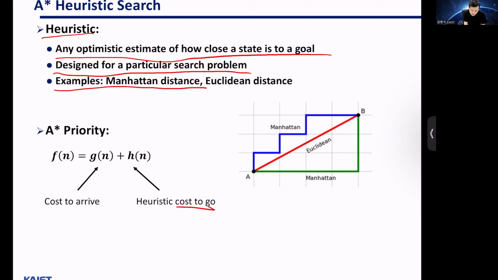Examples are Manhattan distance, Euclidean distance. If we use these distance values, then we can approximately calculate the cost to get to the goal. But this doesn't always work nicely. Okay.